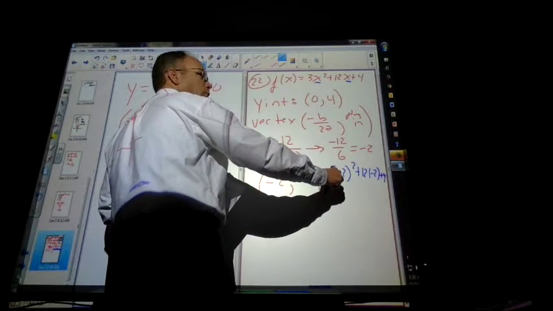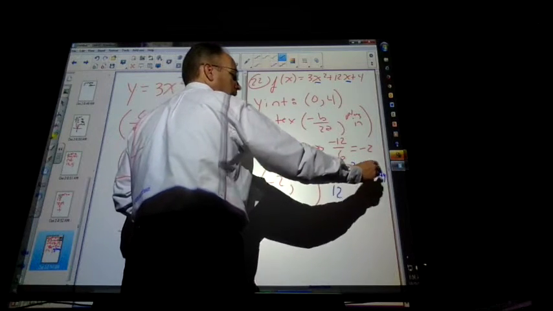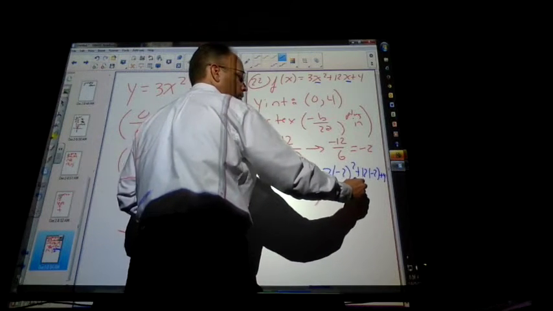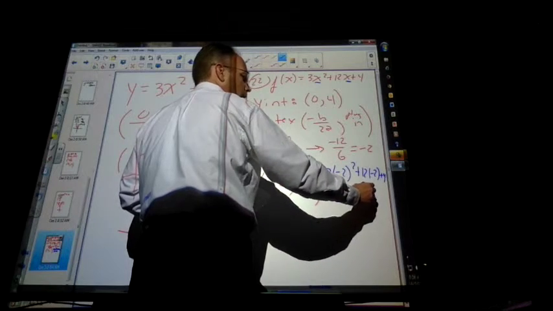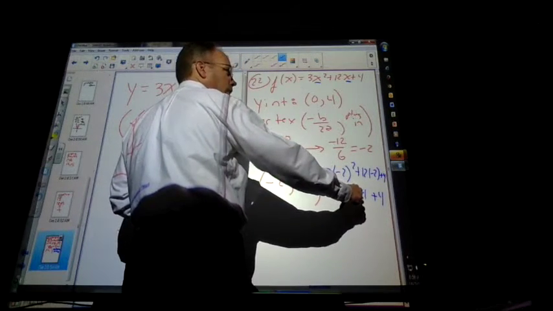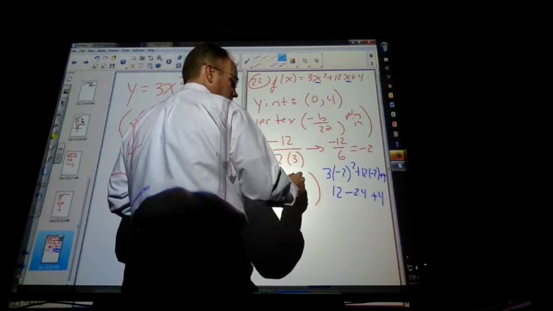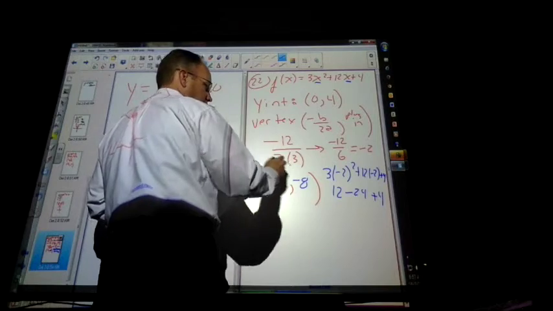What's negative 2 squared? 4. 4 times 3, 12. 12 times negative 2, negative 24 plus 4. 12 minus 24 is negative 12. Negative 12 added to 4 is negative 8. I have my vertex.